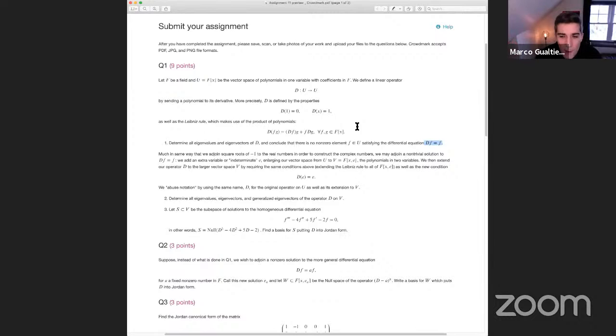So it is not a polynomial, and so you could say that this differential equation does not have any solutions except 0 if you consider only algebraic functions, right?